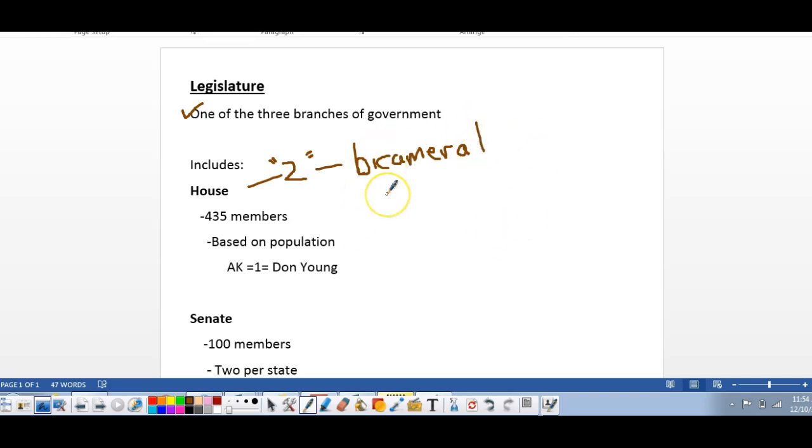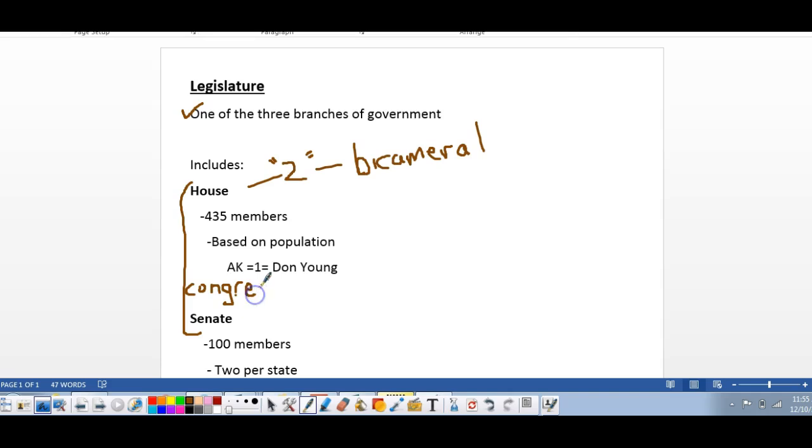But they certainly saw the error in that, needing instead to have two, so they came up with the House of Representatives, the House, and the Senate. And if you join these two together, this is the Congress. So when you hear the word Congress, it's talking about the Senate and the House of Representatives.